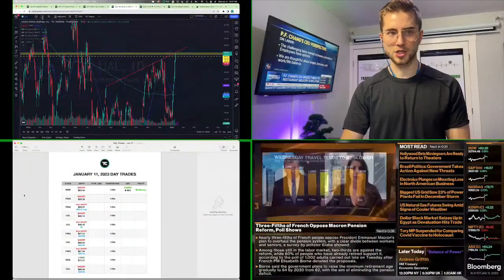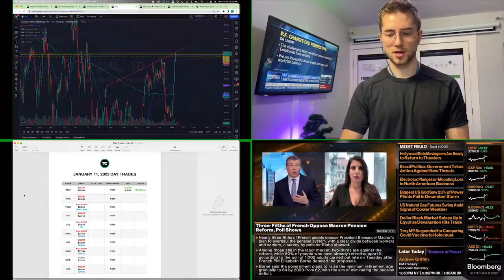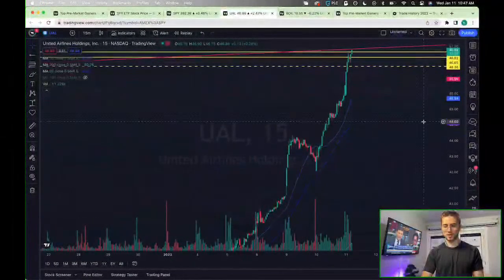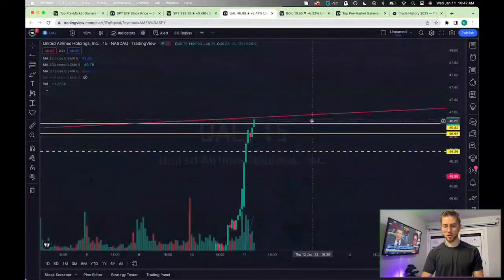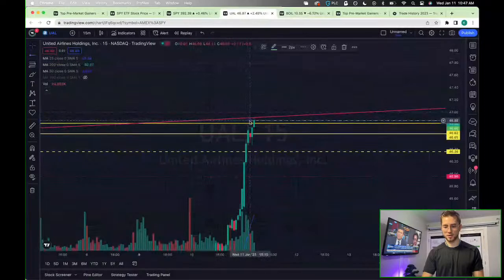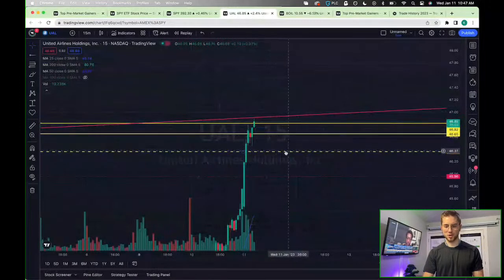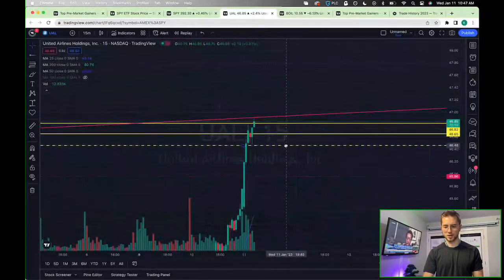It's now touching that trend line of resistance. BOIL's catching a nice little bounce and we're in the money on BOIL. So we added at 46.85, and our average is 46.46 on UAL.